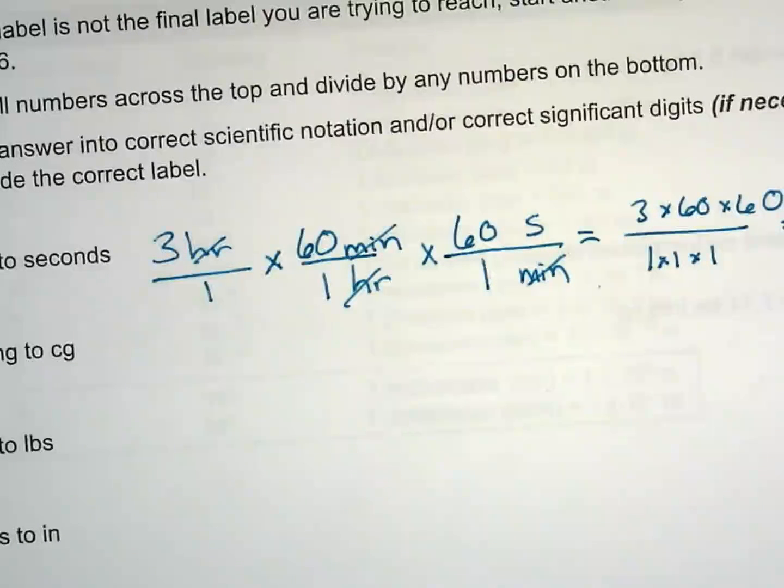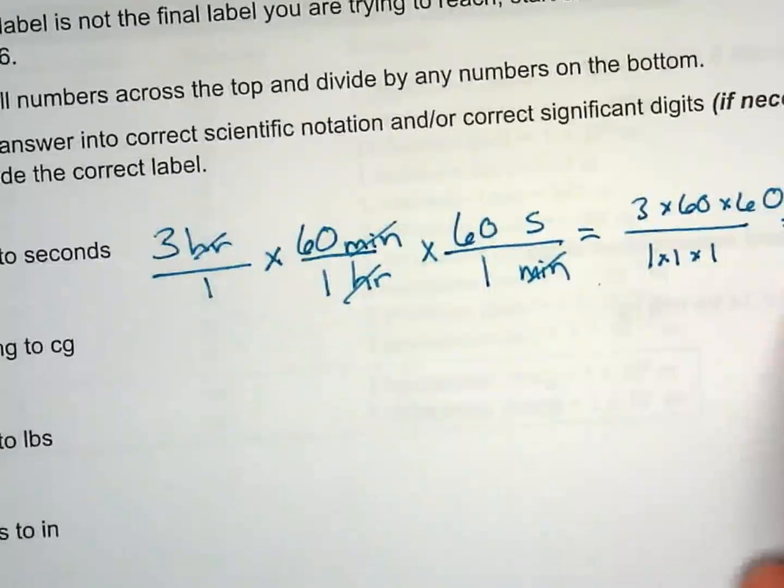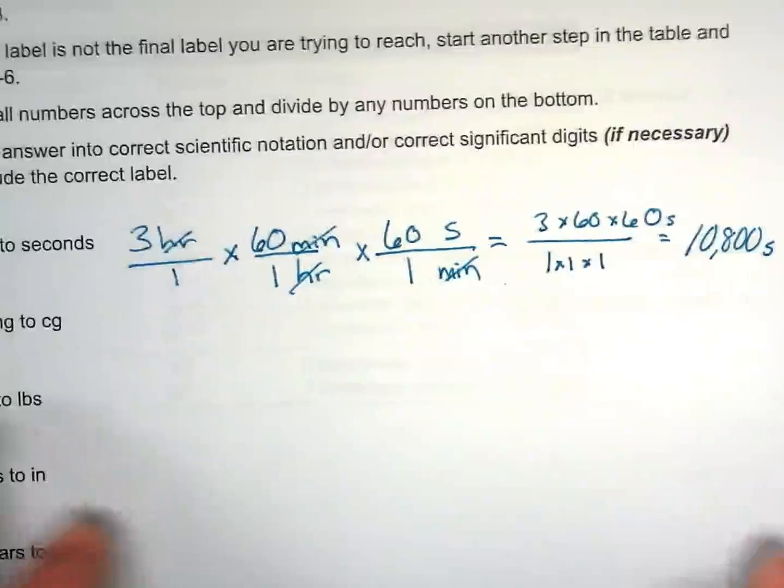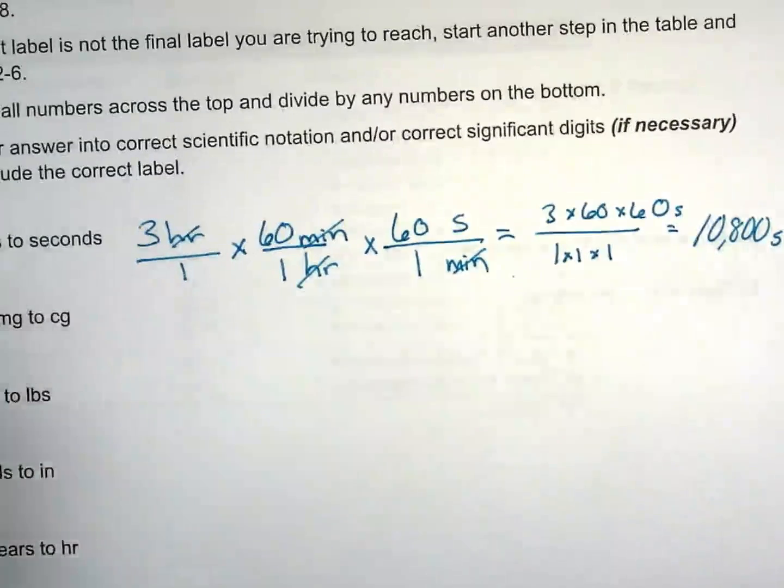Now, let's see. No, we should do this. So in order to maintain what we've been doing, we've got to keep sig figs here. Because we should keep sig figs, this answer should be in the correct number of sig figs that we've been working with, which is just 1.